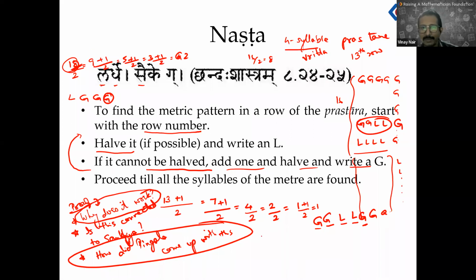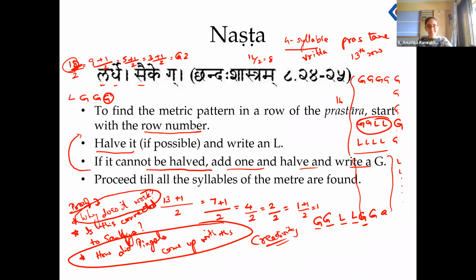That demands a lot of creativity. It is that creativity we should really think about when we look into the history of mathematics, not just Indian mathematics, but any civilization's mathematics. How did they come up with it? You're like, wow, how could people even think about that?